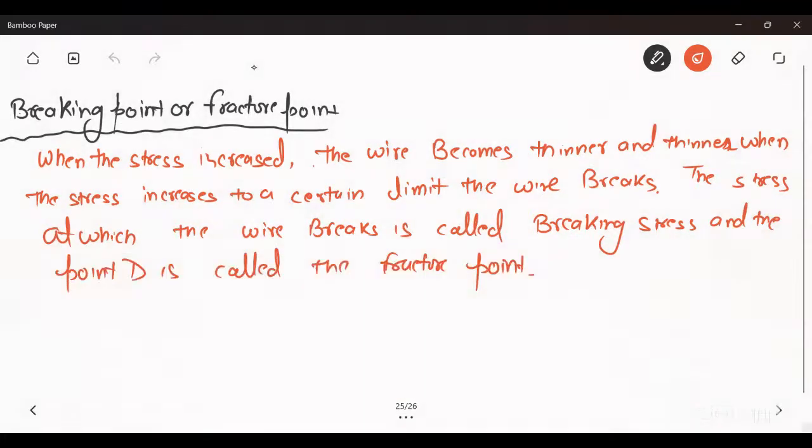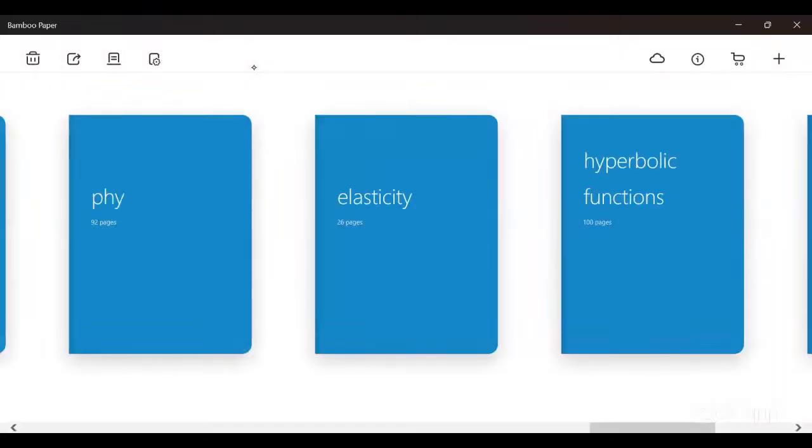Now I am coming to the chapter which I have left, thermodynamics.